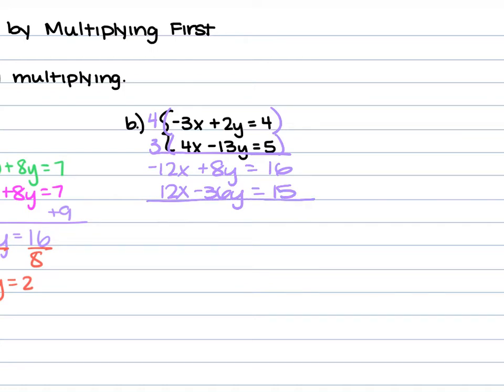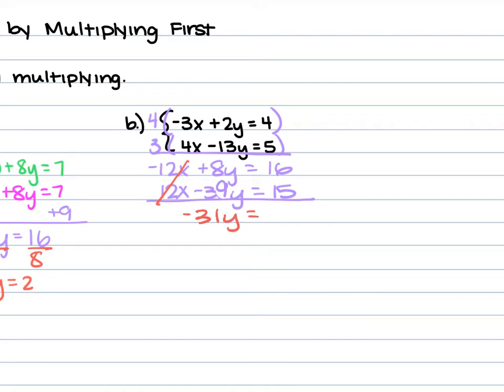So we are going to add these now. These 12x's cancel. 8y minus 39y is going to give us a negative 31y.